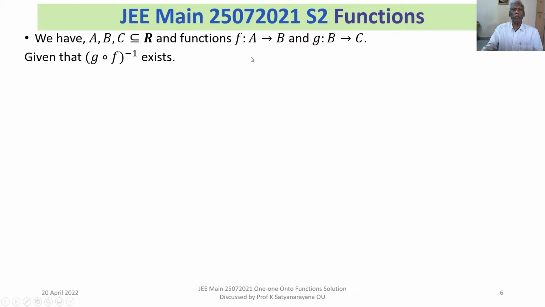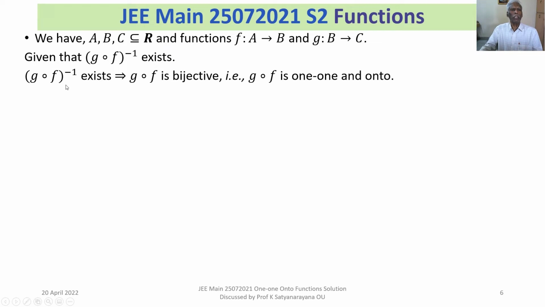What is g∘f? g∘f is a mapping from A to C, and it is given that (g∘f)^(-1) exists. The inverse exists if and only if the function is bijective. This implies g∘f is bijective.